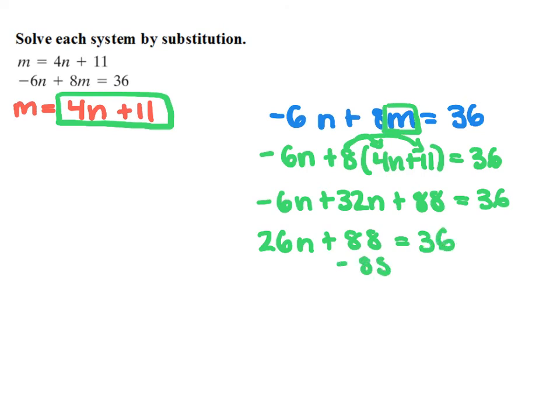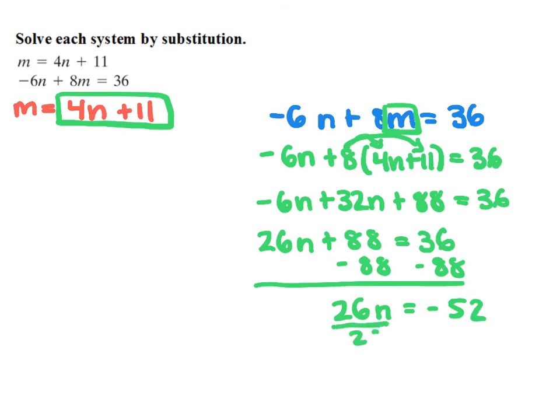Subtract 88 from both sides. So it becomes 26n equals negative 52. And then lastly, divide both sides by 26. The value of n is negative 2.